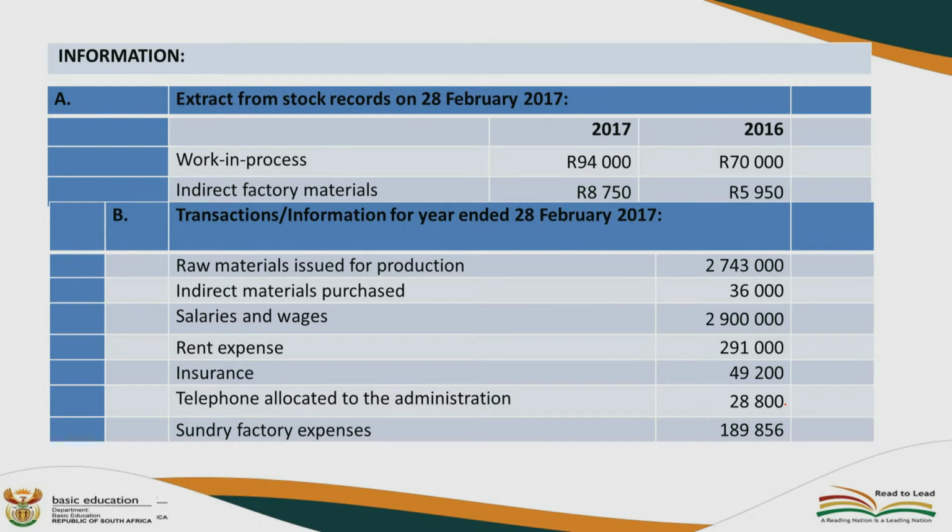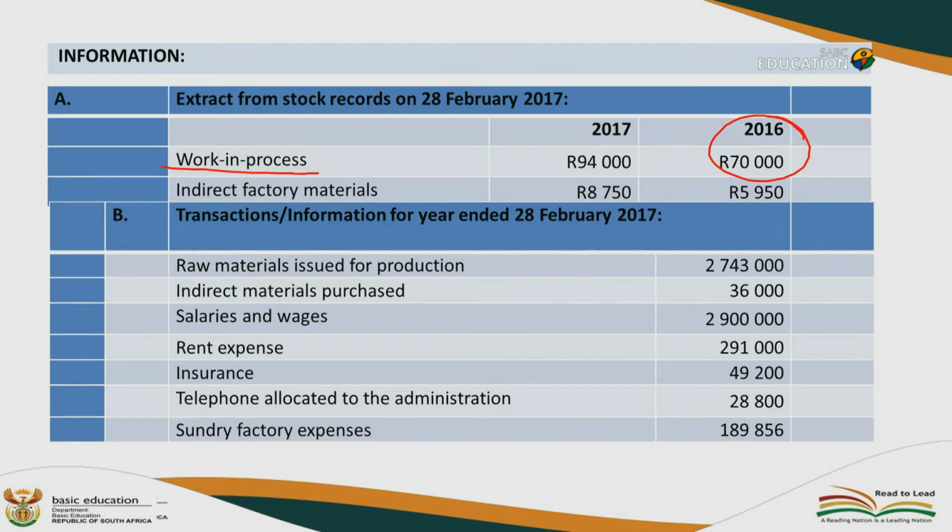Let's start with the first thing that we are given. What are we given as the first thing? Work in process. Already you have your format, so you know where to put it. So what are you going to put first? The 2016. The 2016 is the what? The work in process at the beginning.